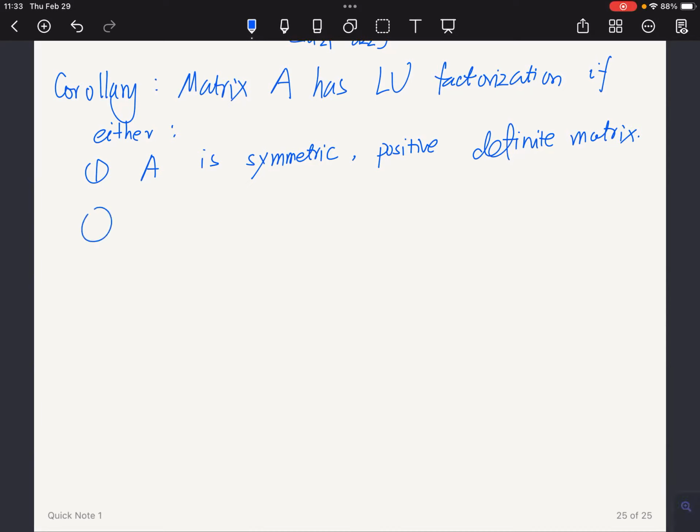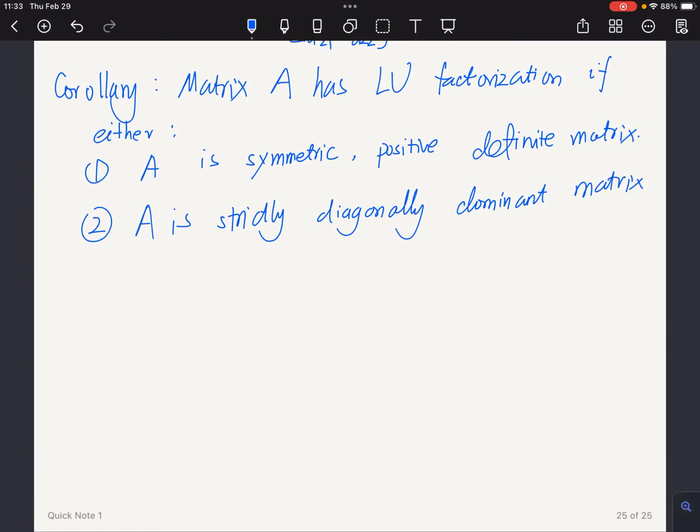Then there's another concrete example, that A is a strictly diagonally dominant matrix. This one is easier to determine if it has an LU factorization, because it is easy to check if it is a strictly diagonally dominant matrix.